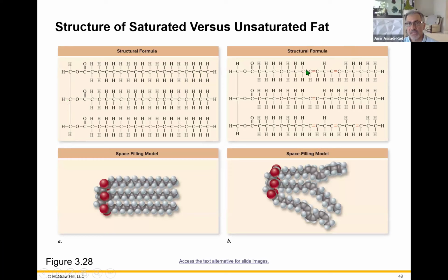But this is an unsaturated fatty acid. Saturated fatty acid, saturated fatty acid, saturated fatty acid. And of course, the unsaturated fatty acid looks like this. The saturated fatty acid is a straight chain.